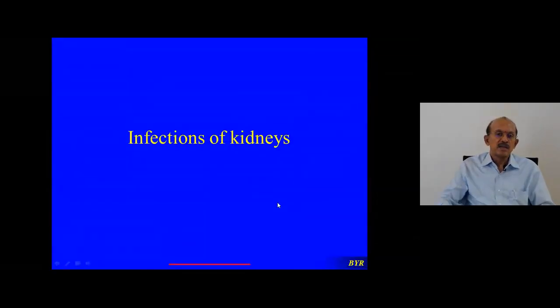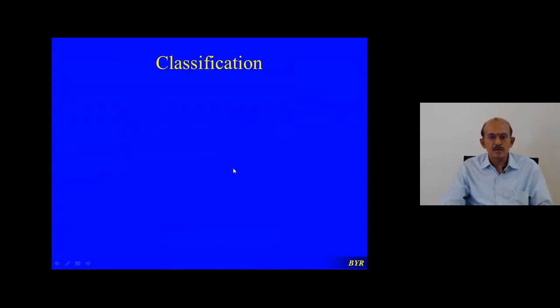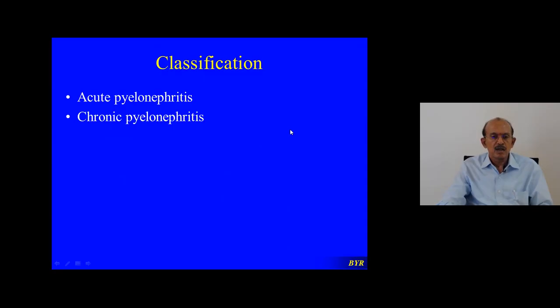So this completes the neoplasms of the kidney. Now we'll go to the topic of the infections of the kidneys. Any doubts in the neoplasms? Okay, I'll proceed to infections of the kidneys. Classification: acute pyelonephritis, chronic pyelonephritis.